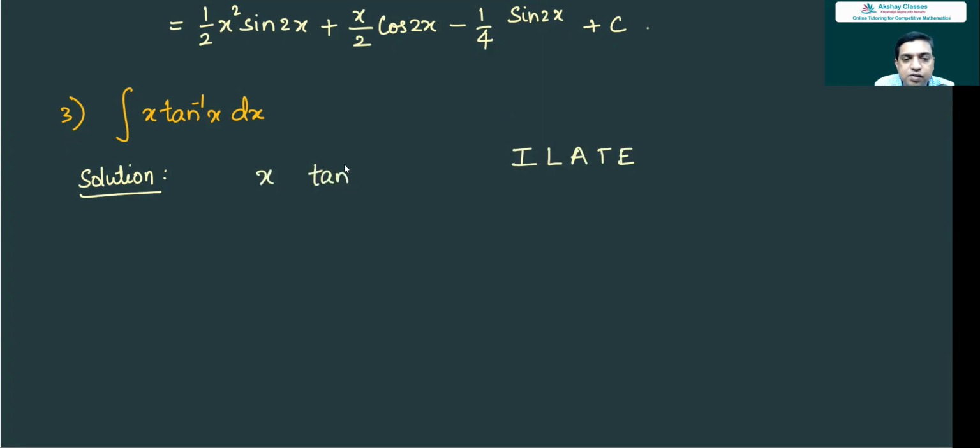Very good. So there are two functions. X is algebraic. So we have inverse trigonometric and algebraic function. So x will be the second function and tan inverse x will be the first function. So integrating by parts.